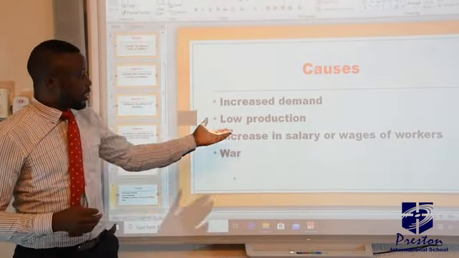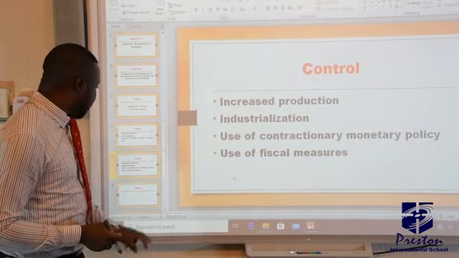Industrialization, which also leads to increased productivity, can also be a control of inflation. We can also use contractionary monetary policies to control inflation. And lastly, we can use fiscal policy measures to control inflation. Please, for details on this, revert to the Google Classroom for more information.